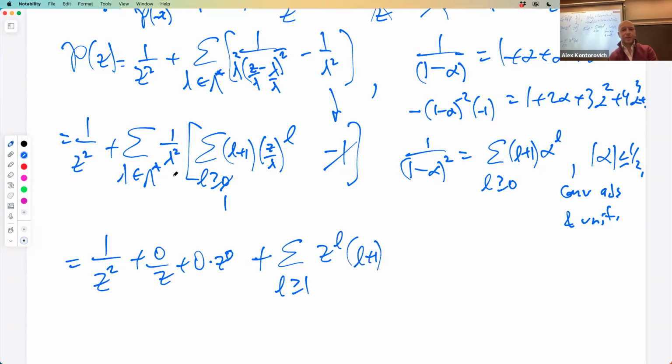Okay, that's there. And what's left over is a sum over all the lattice points. And this is the fascinating function, a sum over all the lattice points of what? 1 over lambda to the L plus 2. Does everybody see that?